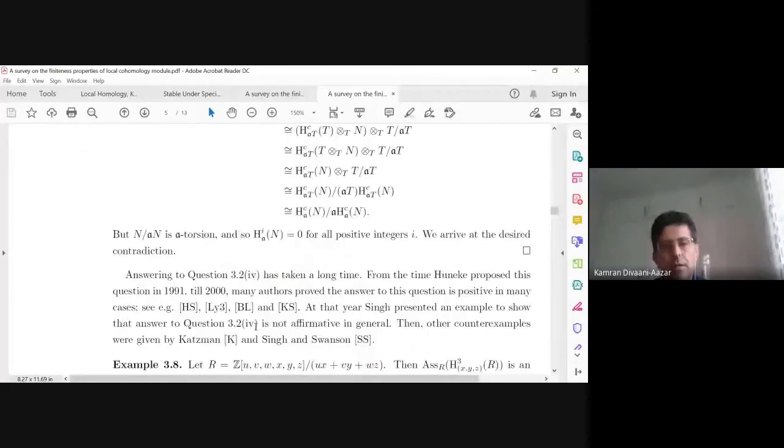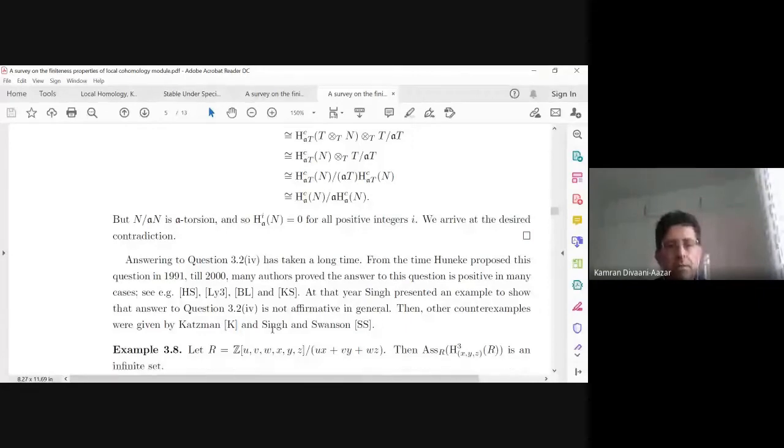The question was asked originally by Huneke, as I said, in '91 until the year 2000. Many authors proved that the answer is positive in many cases. There are many papers in this regard: a paper by Huneke and Sharp, a paper by Lyubeznik, a paper by Brodmann and Lashgari, and also a paper by Khashyarmanesh and Salarian.